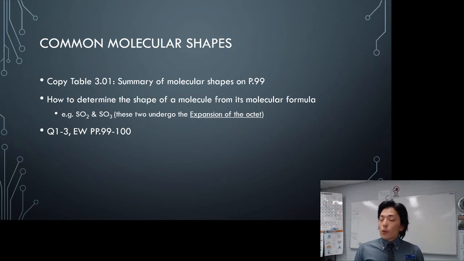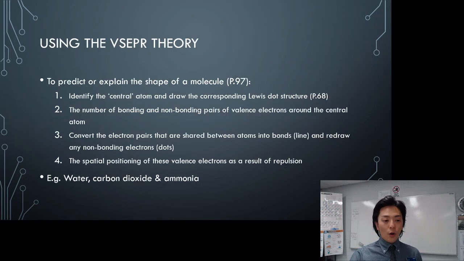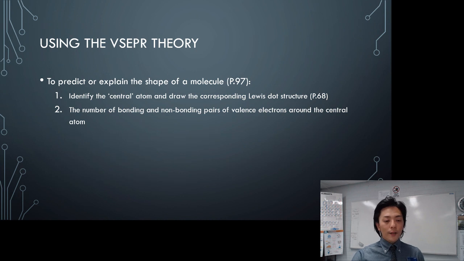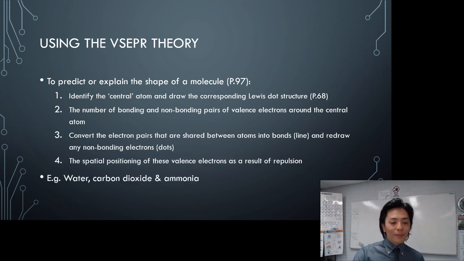Question 1 to 3 is what you're gonna do as part of this homework, have a go. Have a go at drawing water, carbon dioxide, and ammonia. And by drawing the molecules, predict and explain the shape of the molecule. What sort of shape would they have?